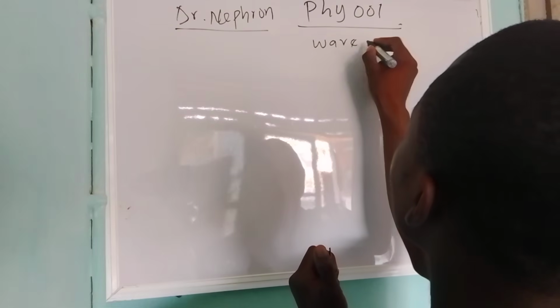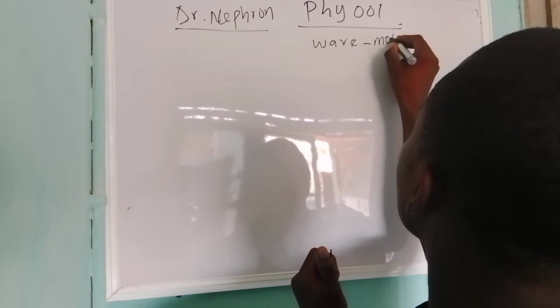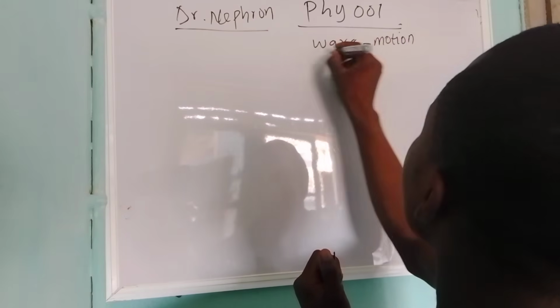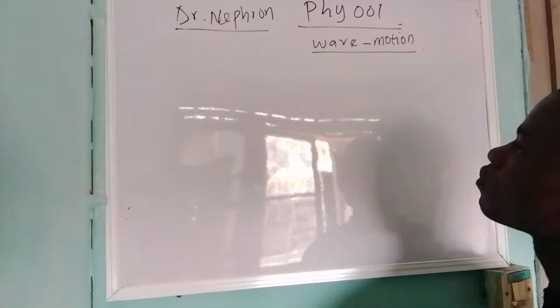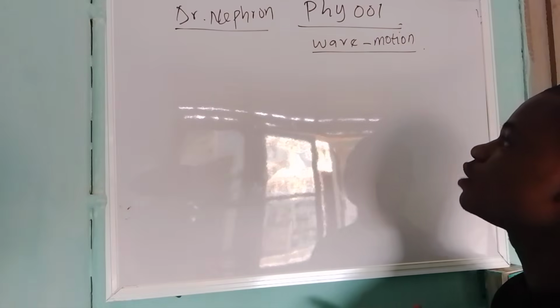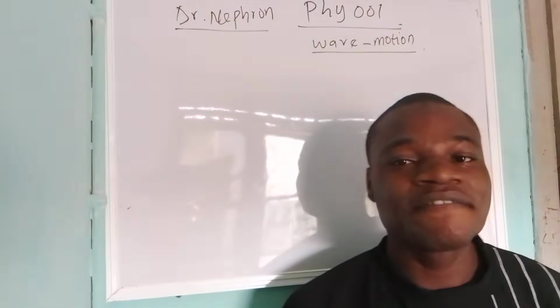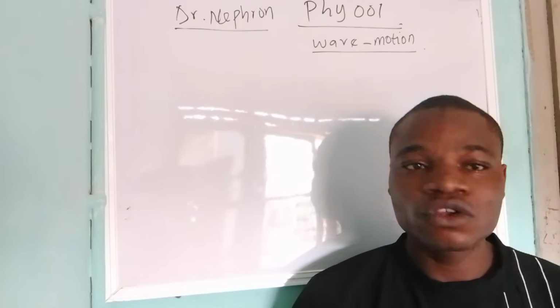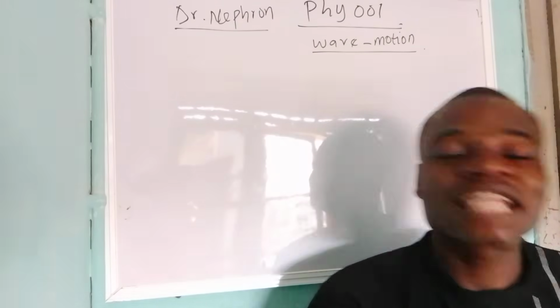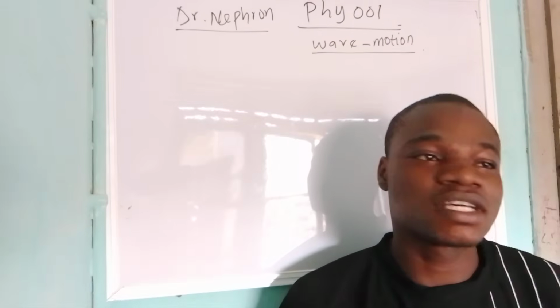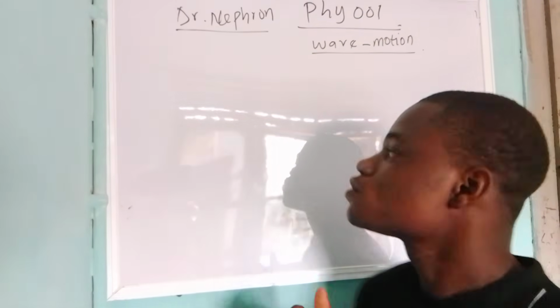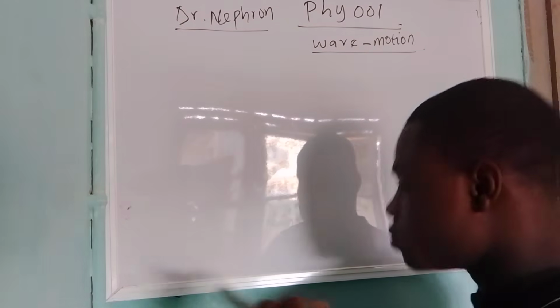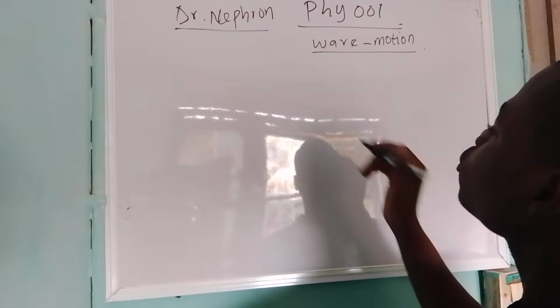Wave motion. This is a very important topic for Jambites. You have to know it. If you don't know this topic and you enter your exam hall, it's very dangerous.